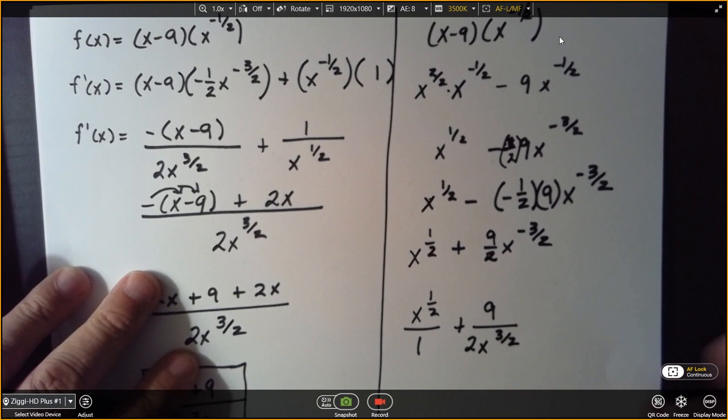And of course we got to get a common denominator, which would be 2x to the 3/2. And now 1 will go into 2x to the 3/2, 2x to the 3/2 times, so that'd be 2x to the 3/2 times x to the 1/2 plus 9.